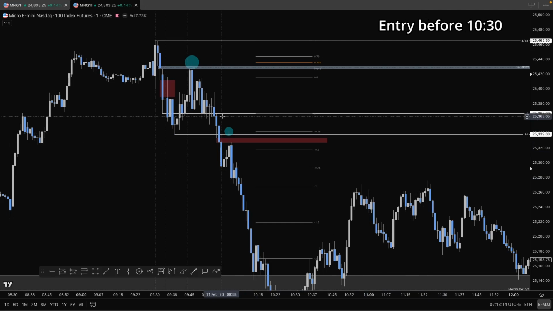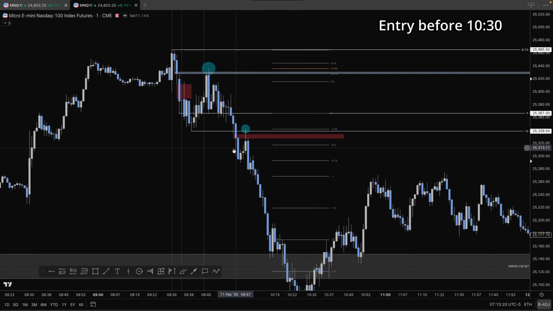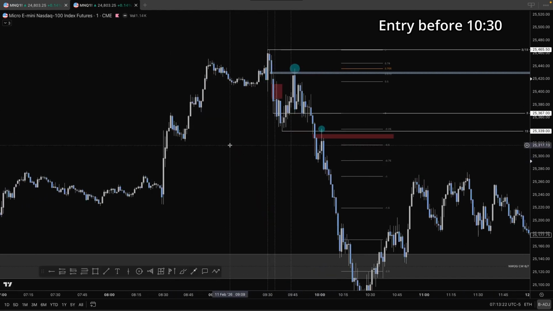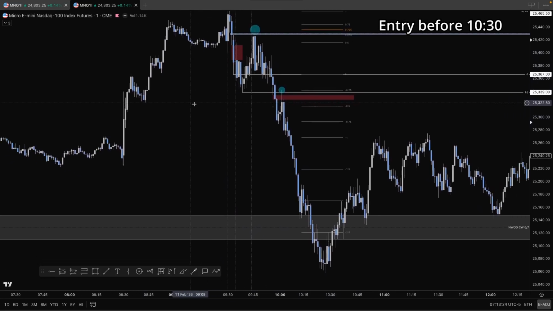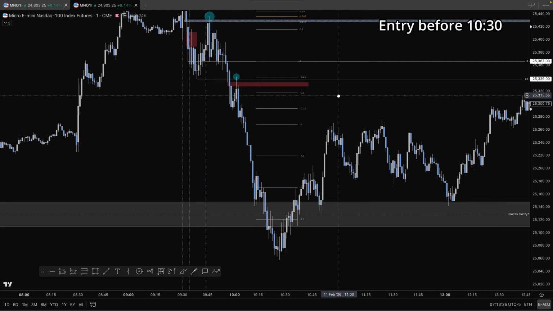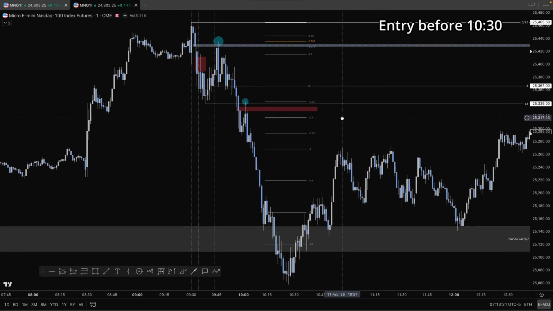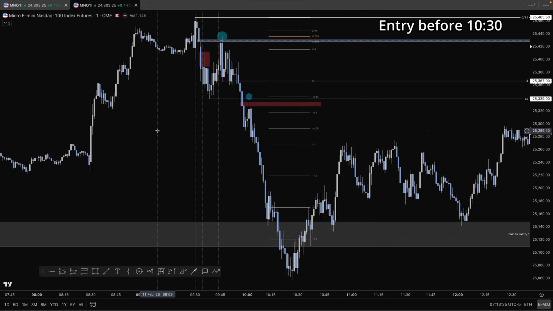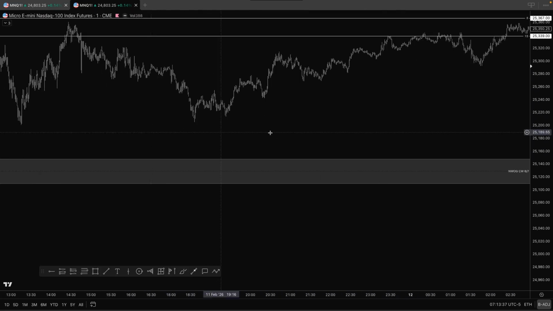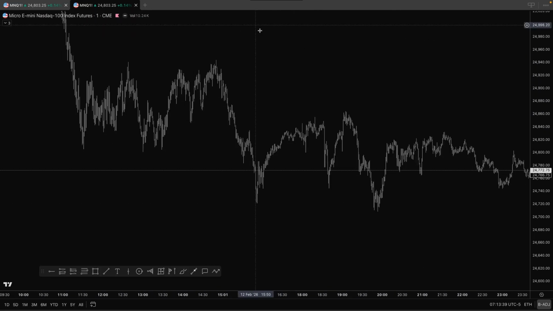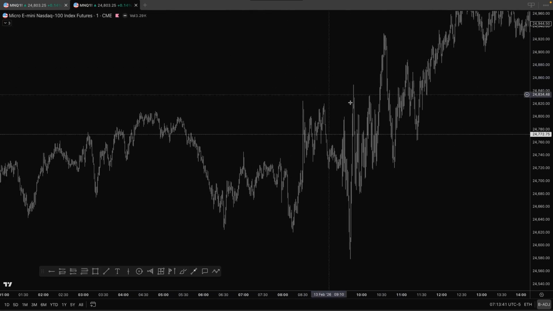I usually look for getting in a trade before 10:30, just because the volume slowly starts to get a bit lower, and I experienced I take a lot of L's if I enter after 10:30. And maybe we can even show you another example. It would be pretty interesting right here.